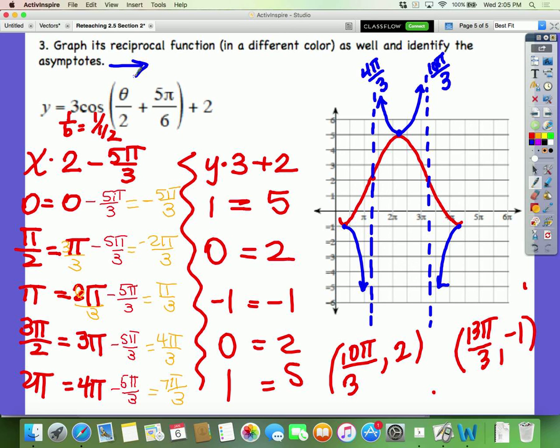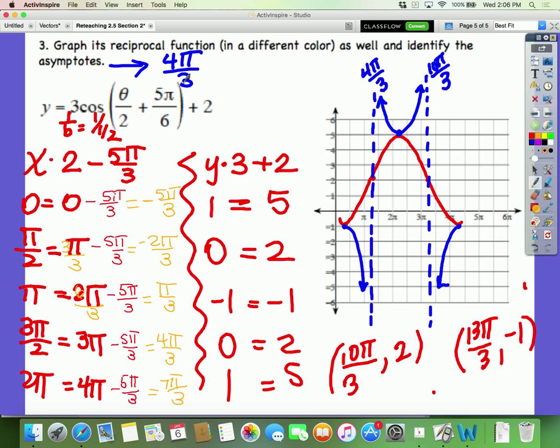I'm asking you to identify all of the asymptotes here. So you always start out with one of your asymptotes. Give me one of your asymptotes. So you write that down. Then you try to figure out how far are these two asymptotes away from each other.